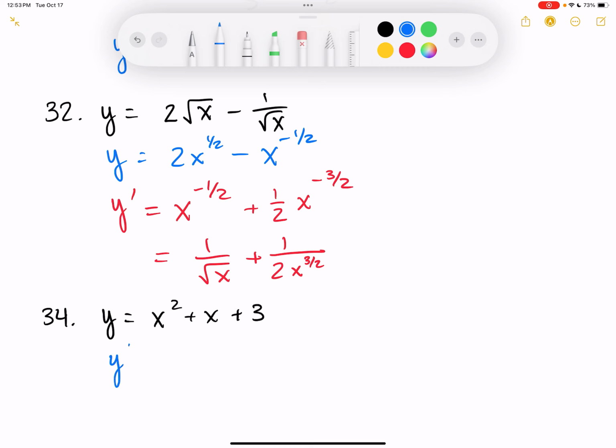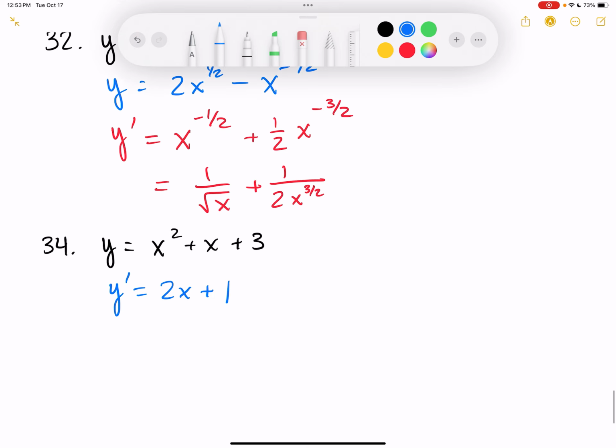So the first derivative would be 2x plus 1. Okay. So then second derivative, so y double prime. So take the derivative of the derivative. It's 2.